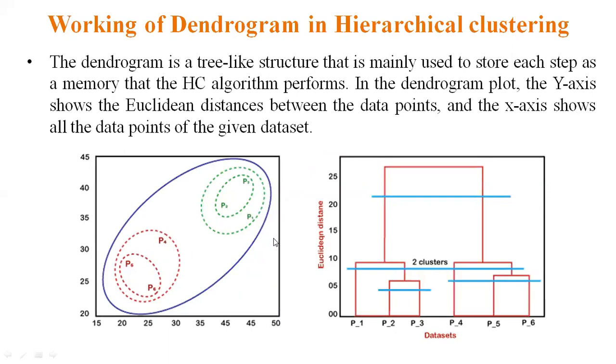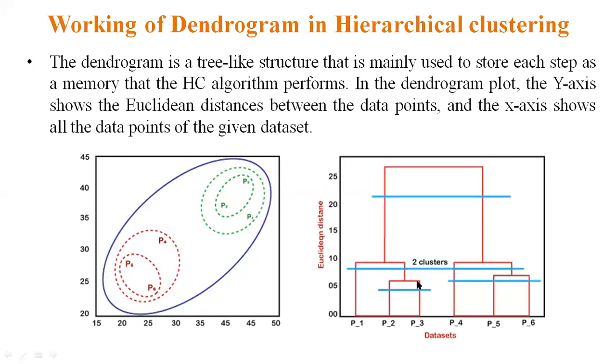Initially, P1 is another point, and P2 and P3 are shown here. P2 and P3 are combined first because they are very similar. And again P1 is combined with P2 and P3. You can see the representation here.